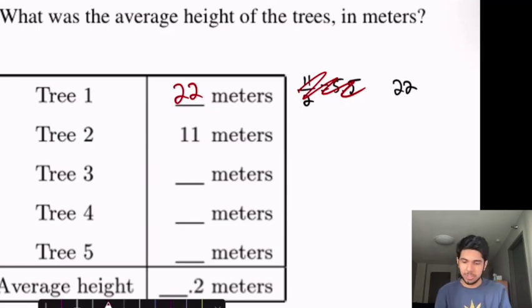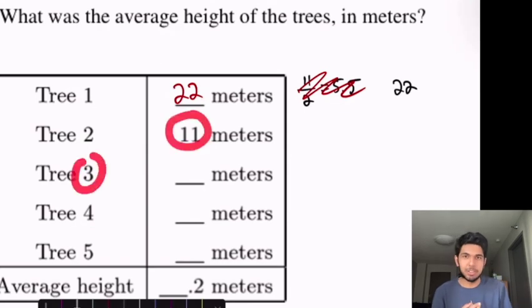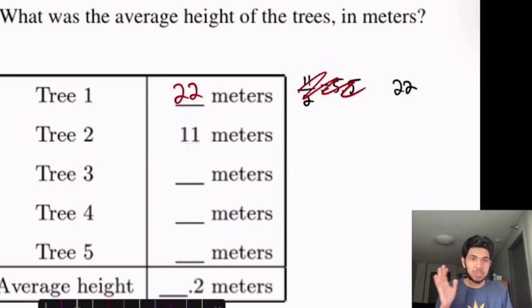Okay, we know tree 2, let's move on to tree 3. We don't have anything to the right to compare it to because tree 4 is to the right of tree 3. However, we have tree 2, and tree 3 is to the right of tree 2. So we can use that information. So tree 2 is either half as tall as tree 3 or twice as tall as tree 3.